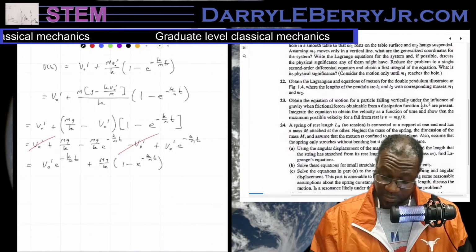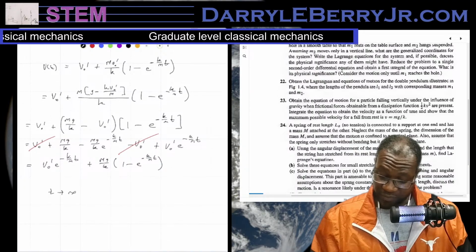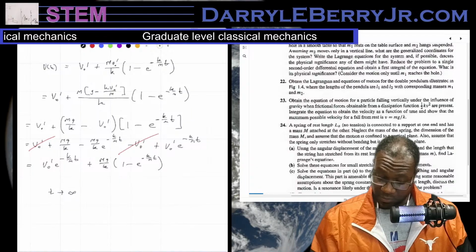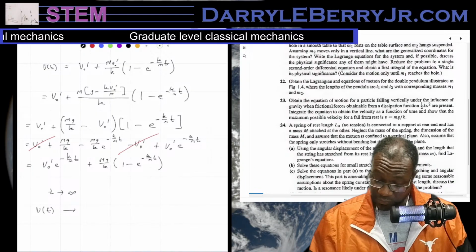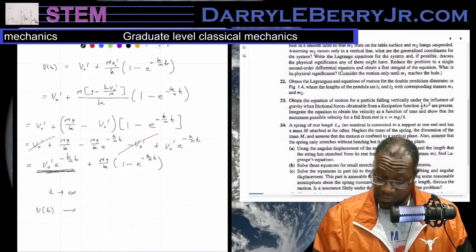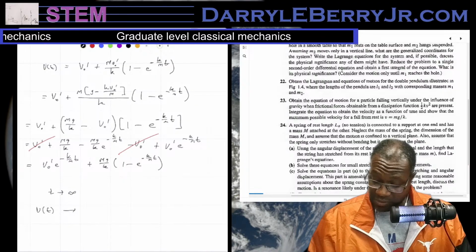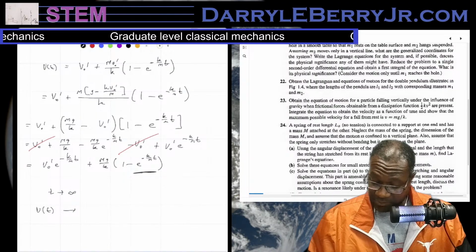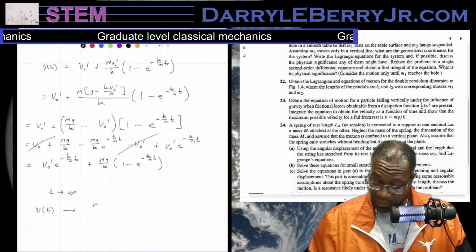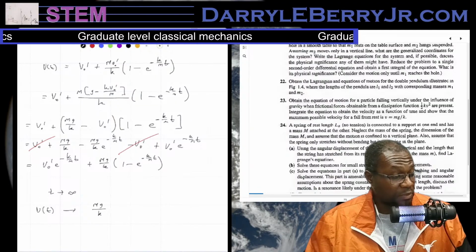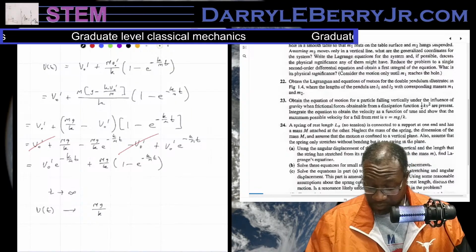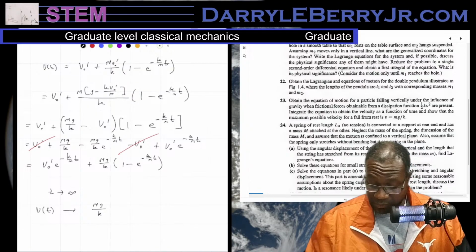So as t goes to infinity, v of t goes to, the infinity in the denominator makes that go to 0. This infinity in the denominator makes that go to 0. All that's left is mg over k, which is what the solution wanted us to prove we end up with as time goes to infinity.